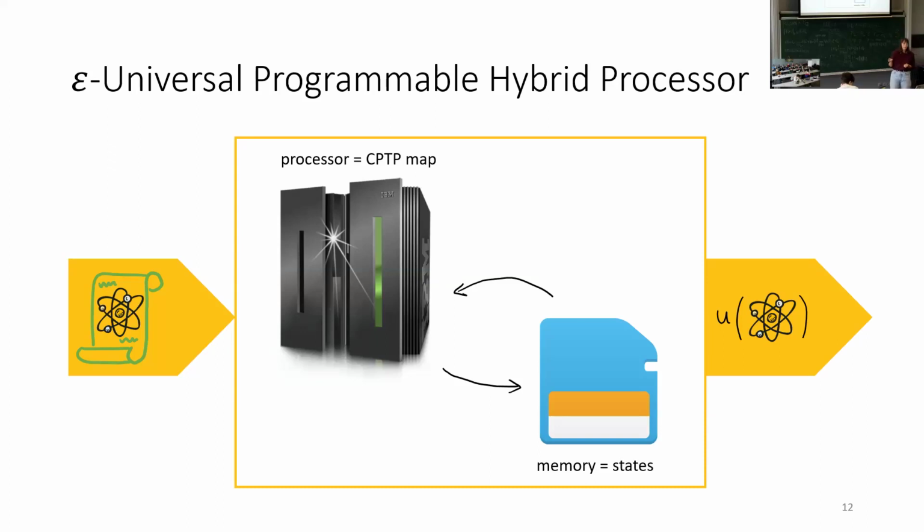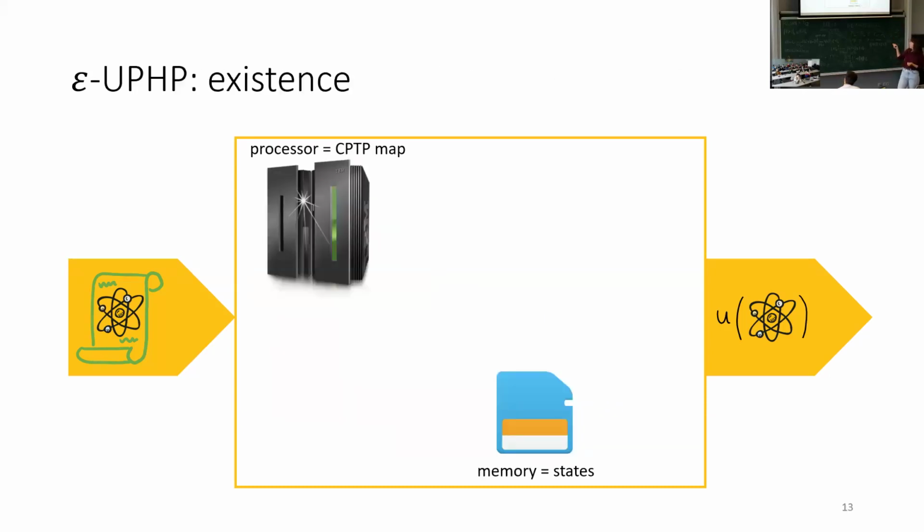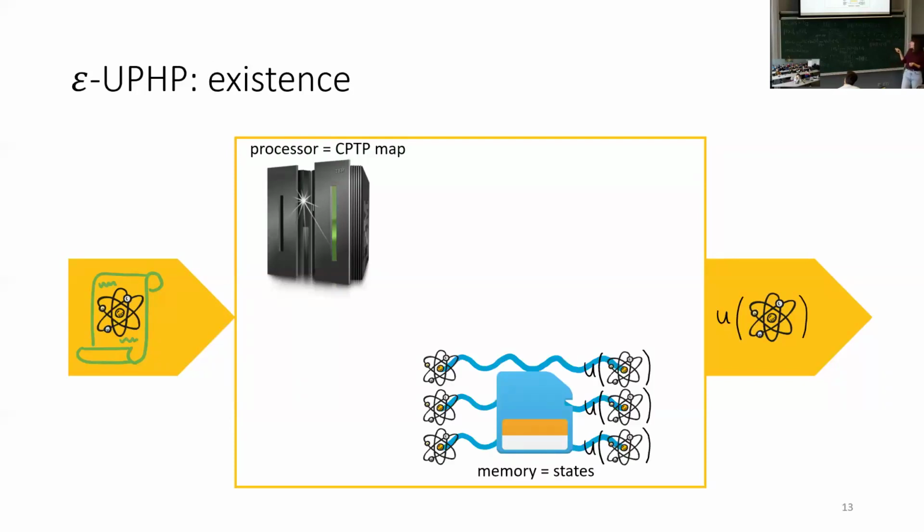Okay, so we will build this with the port-based state preparation by saying that this memory will be the EPR pairs that we had in the protocol, the shared resource to which Bob has applied the unitary. So it's basically the Choi state of the unitary.